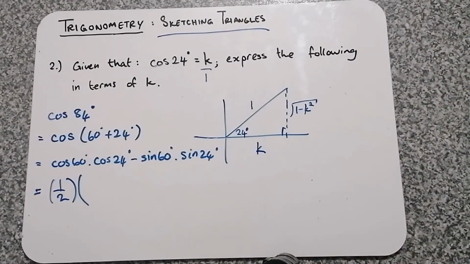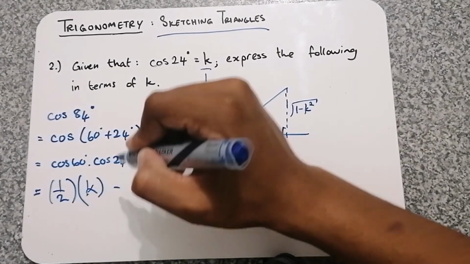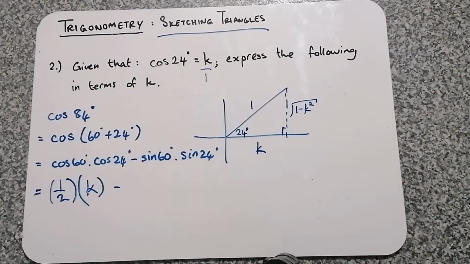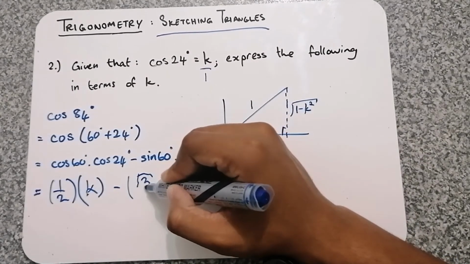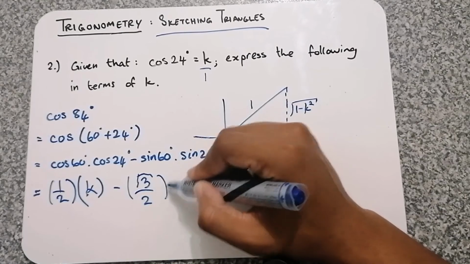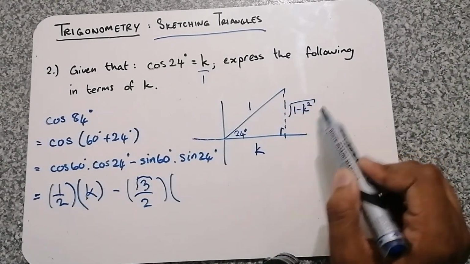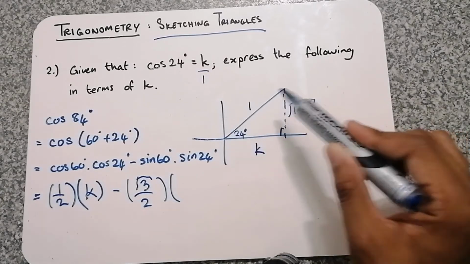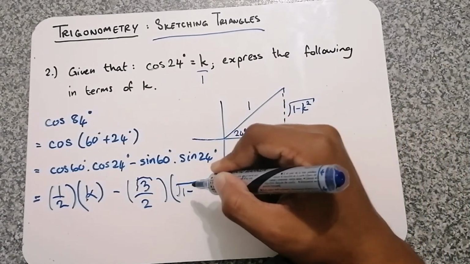Cos of 24, we know that is k. And sine of 60, that is square root 3 over 2. And sine of 24, we said was this root over 1. It's your opposite over your hypotenuse. So since it's over 1, we'll just have the root.